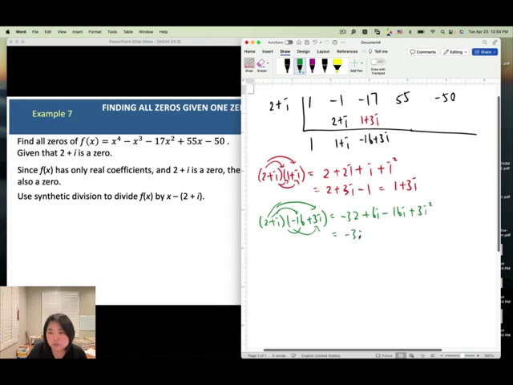So -32 minus 10i, and this is going to be minus 3. i squared will be -1, okay? -1 times +3, that will be -3, which is going to be -35 minus 10i. Okay, I'm going to put it here. And then add it up, 55 minus 35, that will be 20 minus 10i.